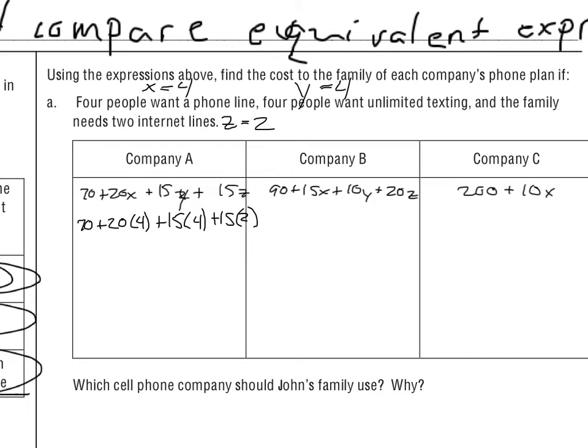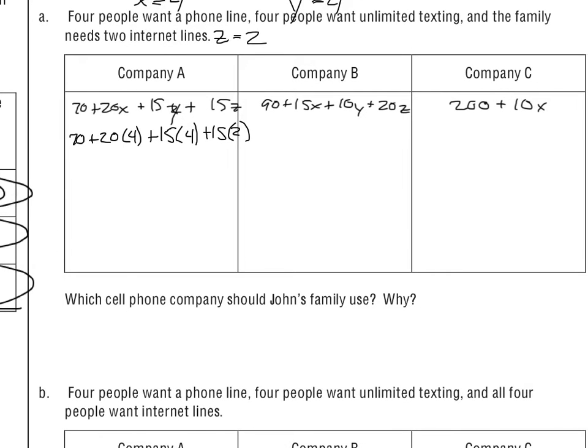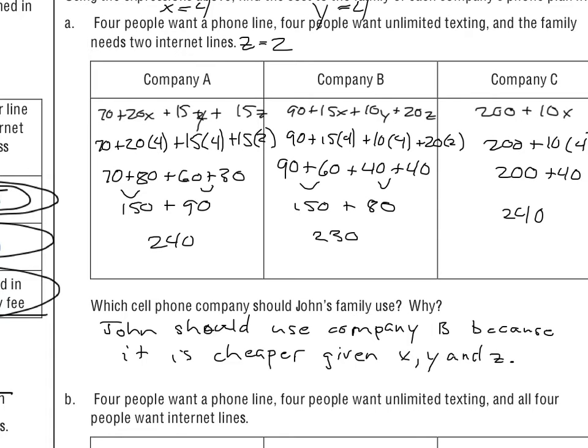Go through companies A, B, and C. You're going to have to pause the video to do this and determine which company John's family should use, and then tell me why.